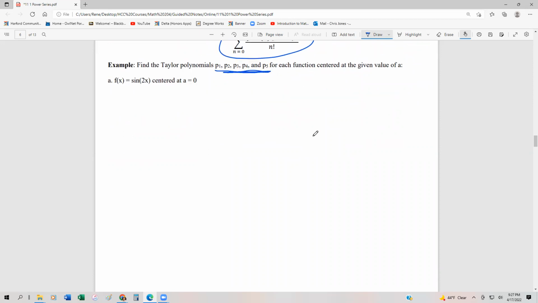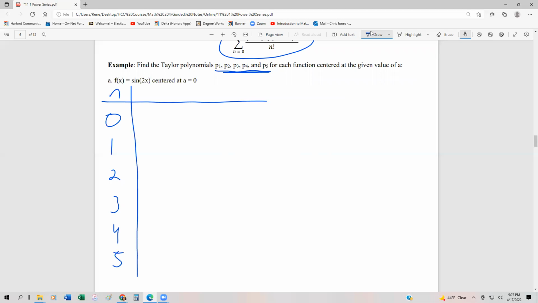Because we need a 5th degree polynomial, we're going to find 5 derivatives. We're going to use n to be the order of the derivative, so I'm going to make a table out of this. n is going to be 0, 1, 2, 3, 4, and 5, because I have to go up to P5.